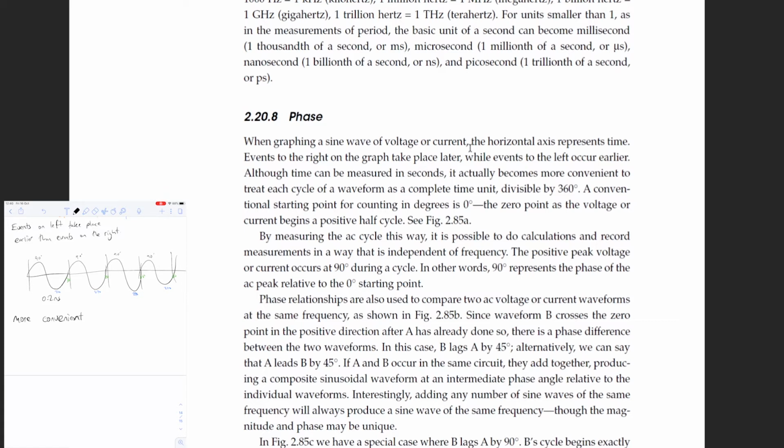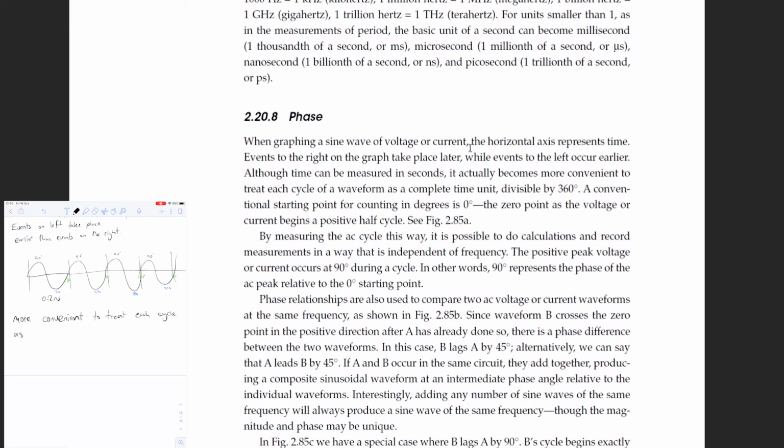Okay. So more convenient, each cycle to treat each cycle of a waveform as a complete time unit of the waveform.